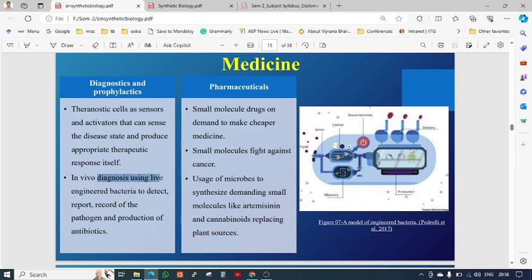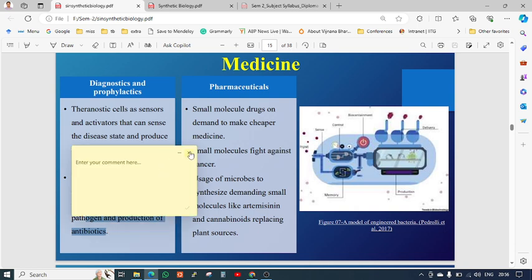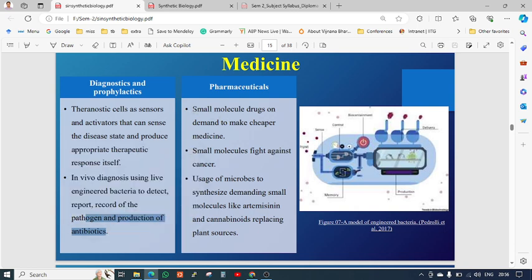In vitro diagnosis using live engineered bacteria to detect and record pathogens and responses to different antibiotics. In order to test some drugs or vaccines, we can also utilize synthetic biology for these purposes. Pharmaceuticals means producing small molecule drugs, vaccines or medicines with the help of synthetic biology, or genetically modified organisms.